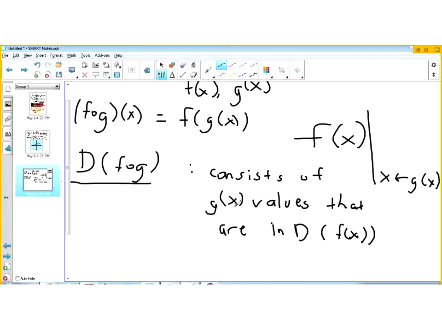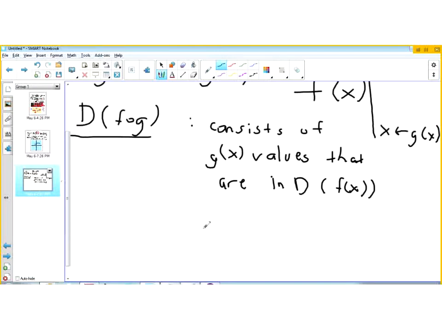Not only does it consist of g of x values that are in the domain of f of x, but it also consists of x values that are in the domain of g.